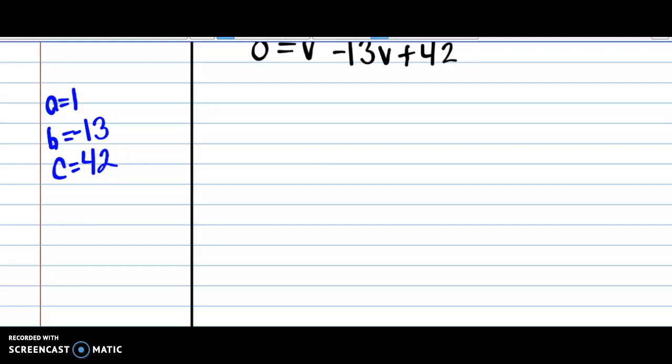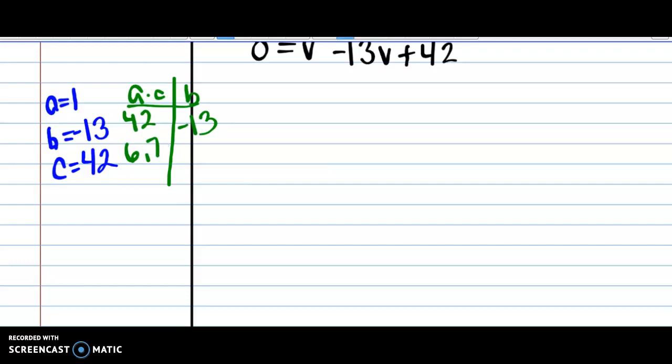Remember, we make our table where we multiply a times c, which is 42, but the sum has to be our value of b, which is negative 13. The only factors of 42 that add to negative 13 are 6 and 7, because 6 times 7 is 42. To get negative 13, both of them are negative.